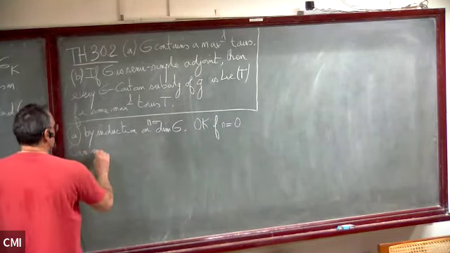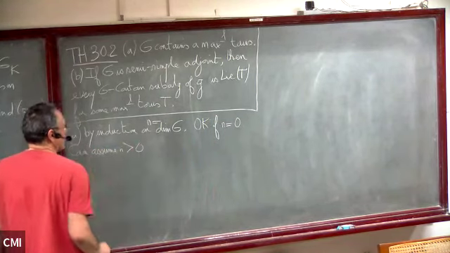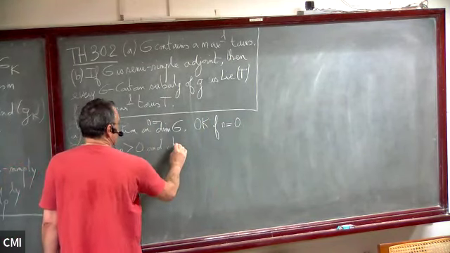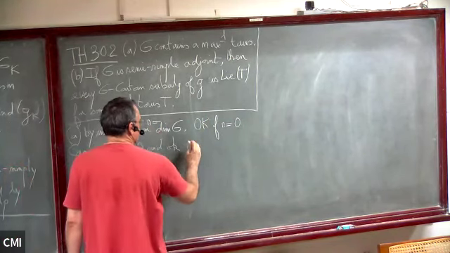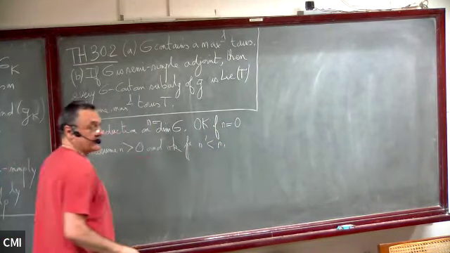So we can assume n strictly positive and the theorem proved for all dimensions strictly smaller than n.